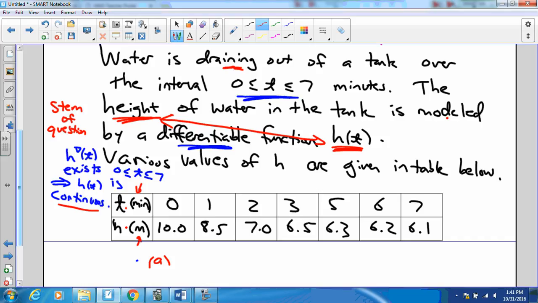I don't know what H of 0.5 is. Although, because water is draining out, I would say that 9 is a better bet than 12. Do you understand what I'm saying? Because water is draining out, it's a good bet that H of 0.5 is less than H of 0, because I'm losing water.